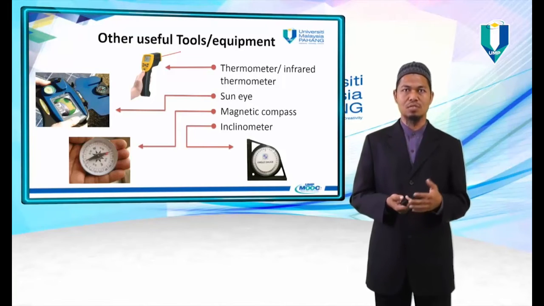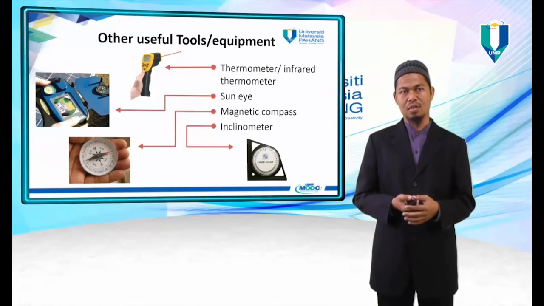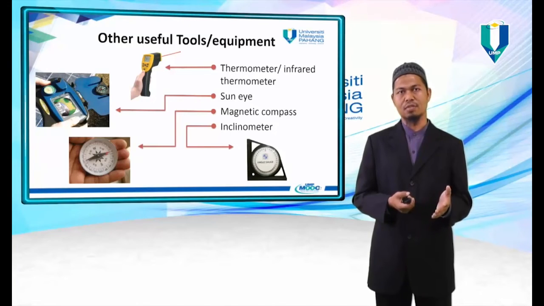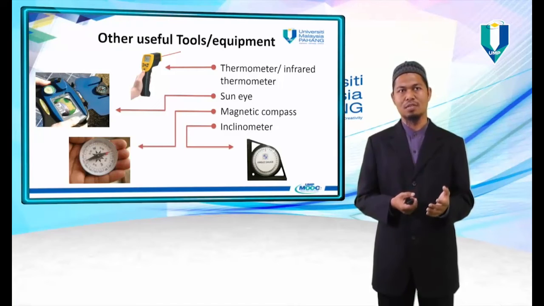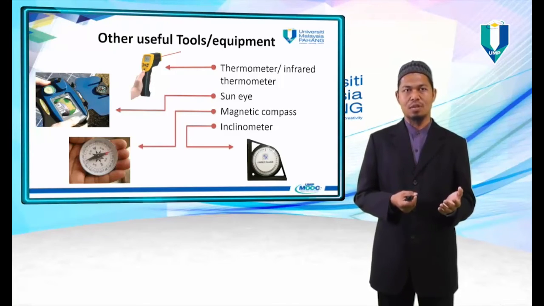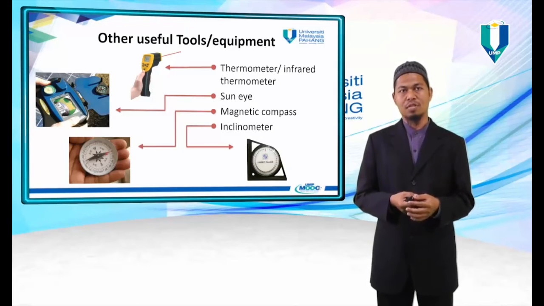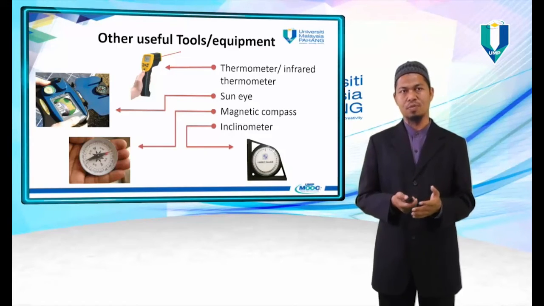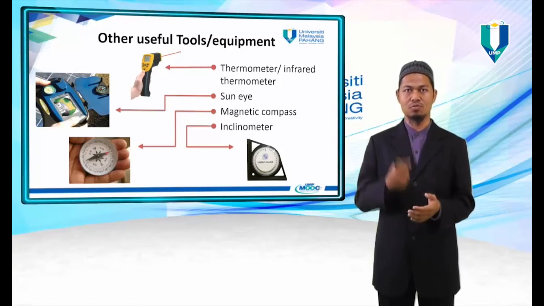The second one is the Sun Eye. The function of the Sun Eye is similar to the Solar Pathfinder, so we can track the sun's movement and the effect of shading, but it's much more advanced equipment compared to the Solar Pathfinder, and it's very easy to use.